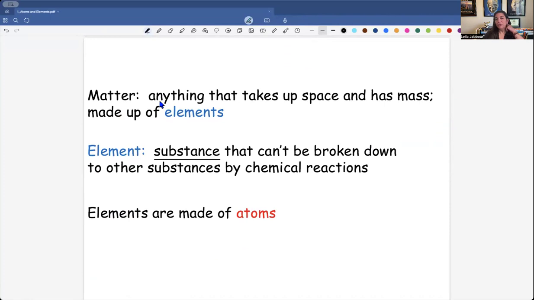So think of matter, the word matter is anything that takes up space and has mass, and it's made of elements. And elements, think of elements as the little Lego pieces that you put together to form matter, right? So if we're building, well, we're going to talk about cells and then tissues and organ systems.